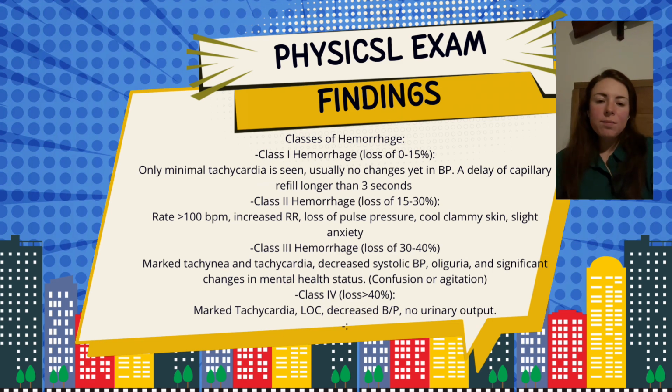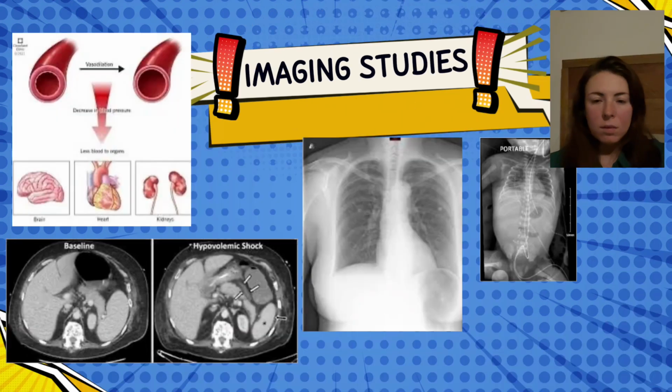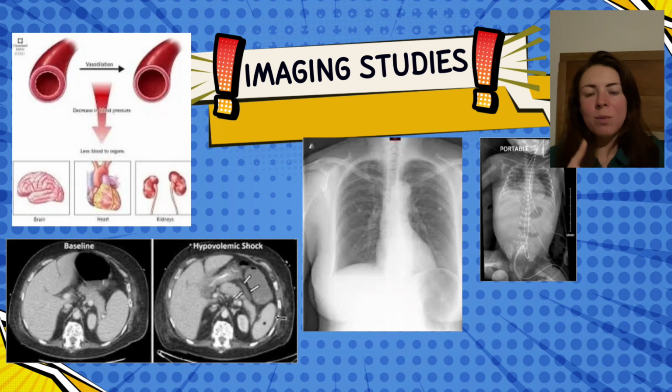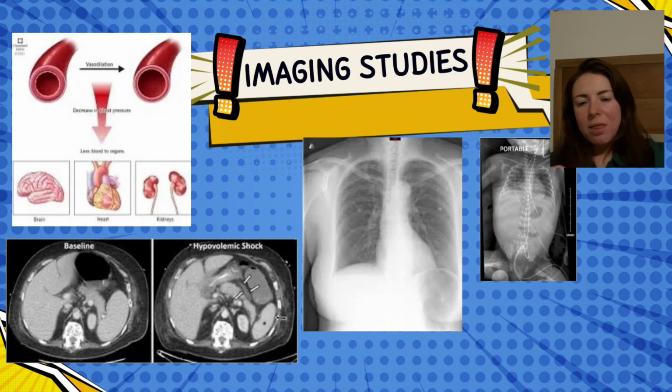When it comes to imaging, it can really vary depending on, one, the severity of the shock, and also the type of shock. Typically they'll do a CECT first, which identifies the abdomen, pelvis, those major areas, to see where the blood loss is.